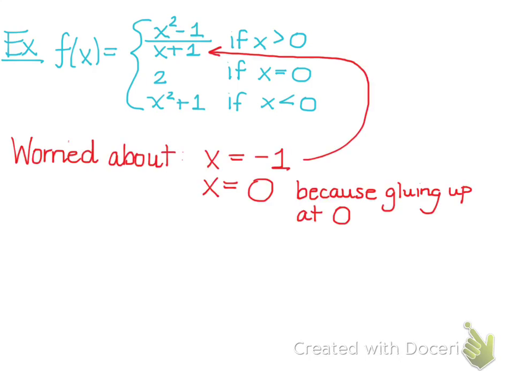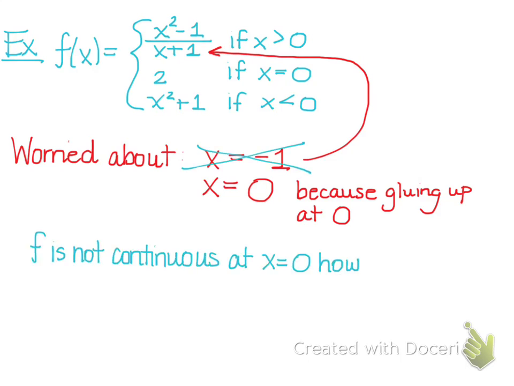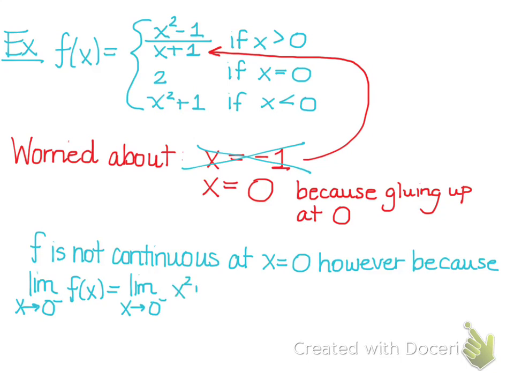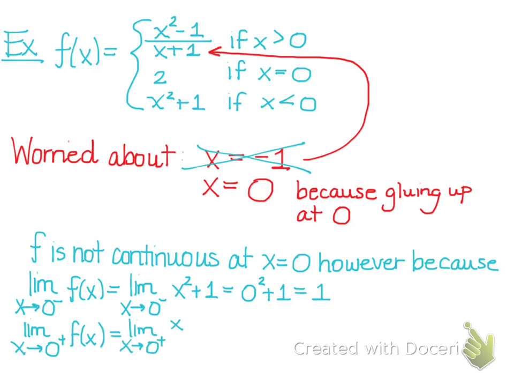Looking at the same problem from before, let's now check x equals 0. f is not continuous at x equals 0 because the limit as x goes to 0 from below of f of x is 1, but the limit as x goes to 0 from above of f of x is negative 1, and these two values do not match up.